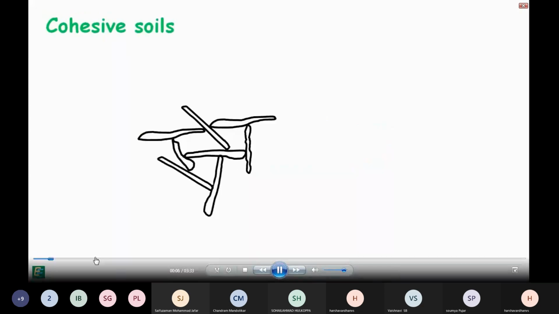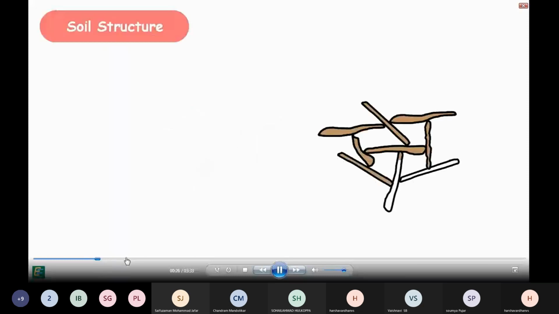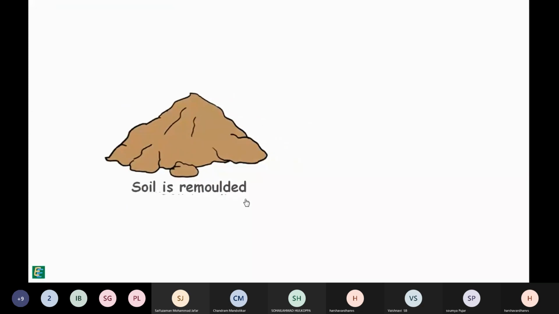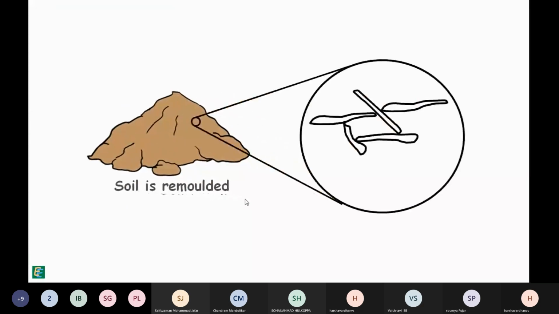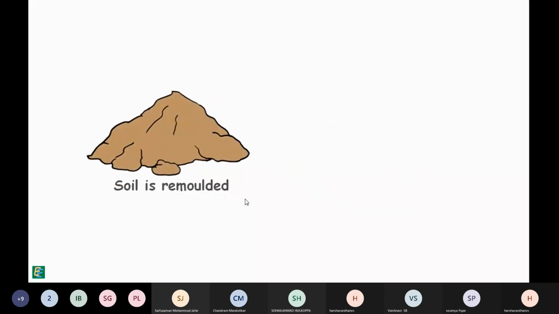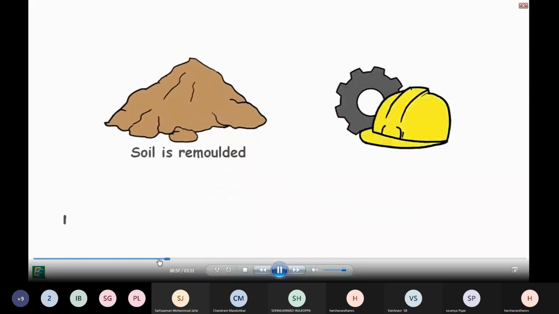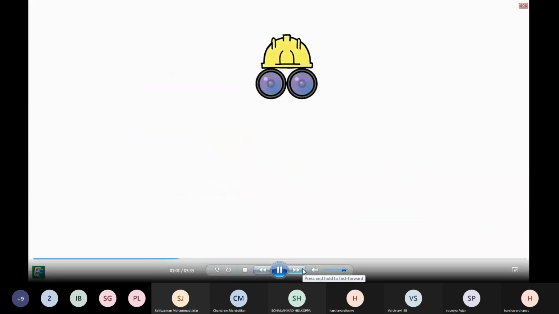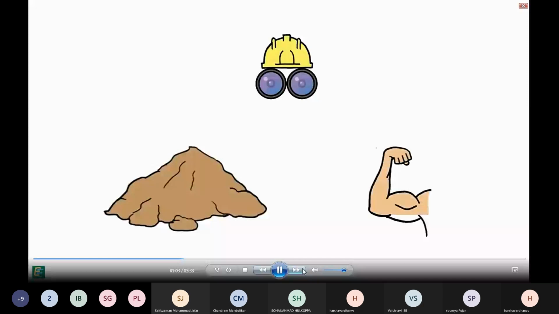Coming to thixotropy again, after remolding, because there is a change in the structure of the soil, or a change in the arrangement of the molecules, the soil is going to lose its strength. So remolding changes the engineering properties.